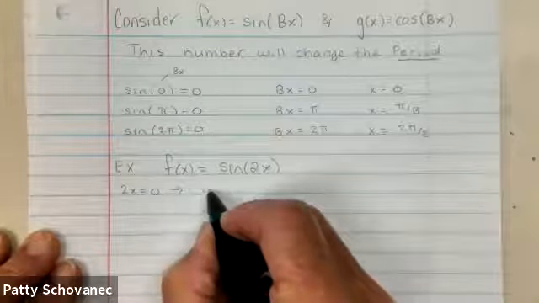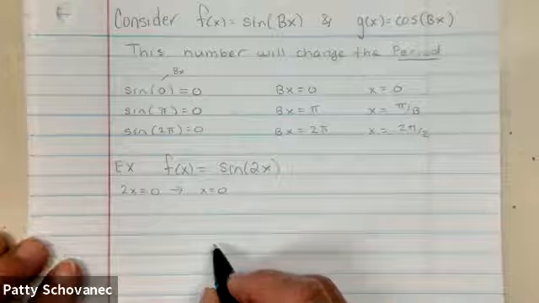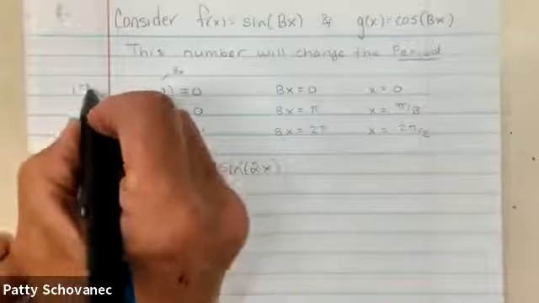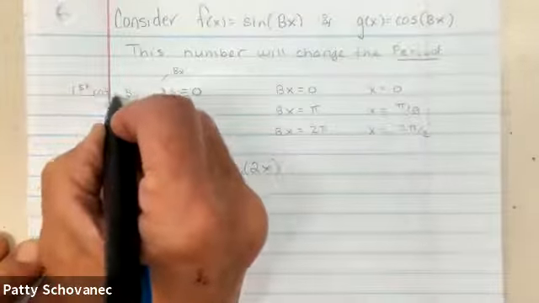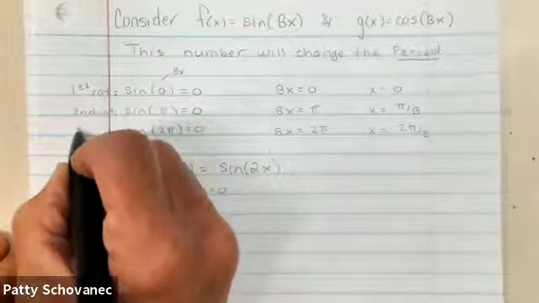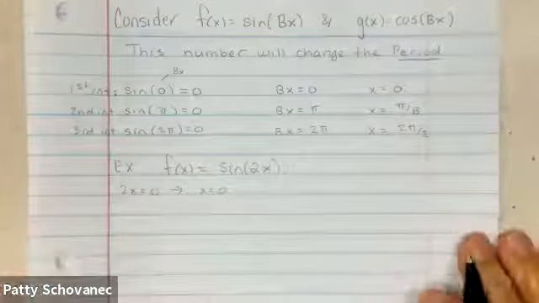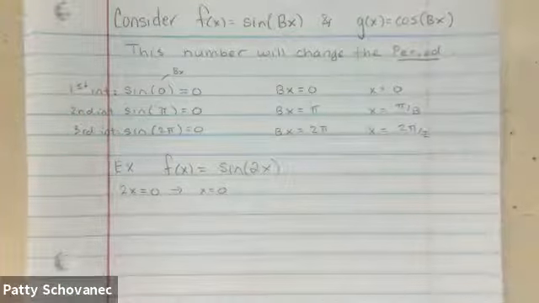That's going to be when x is 0. The second x-intercept, so this is our first intercept. This is our second intercept. And this is our third. The intercepts on the sine curve.